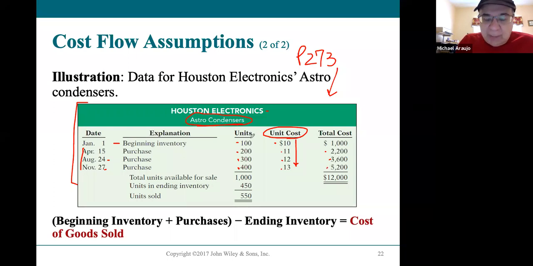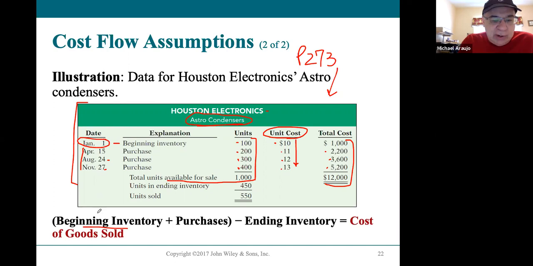Okay, but look what happens now at the end of that whole year, right? They have a total of 1,000 astro condensers for sale, okay? And they spent $12,000 in total, that was their cost, for all these astro condensers, right? So again, when you look at the formula on the bottom, the beginning inventory is the stuff from January, right?